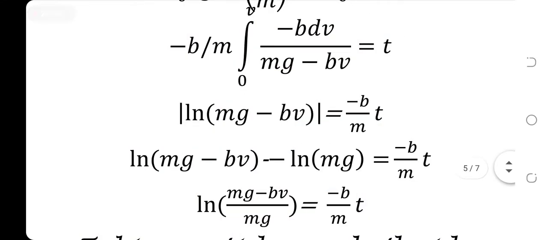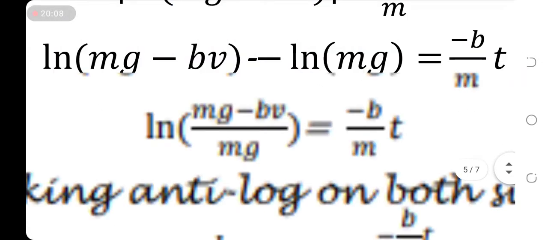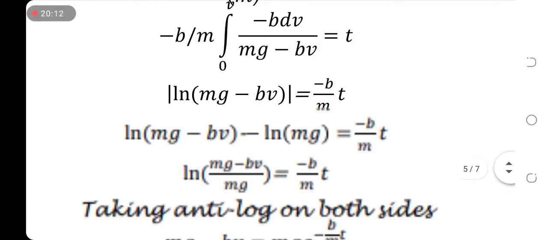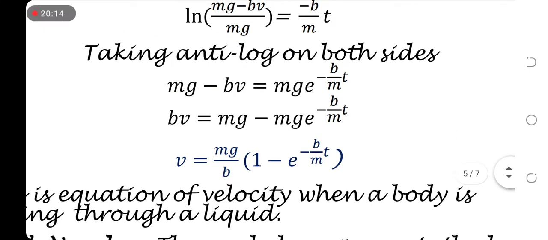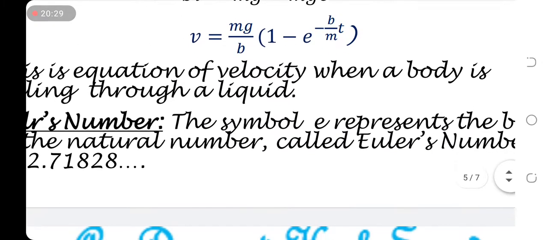So the difference of logarithms is converted into a ratio, a division of the same quantities. Now taking the antilog, we get mg minus b into v equal to mg into exponential minus b over m into t.